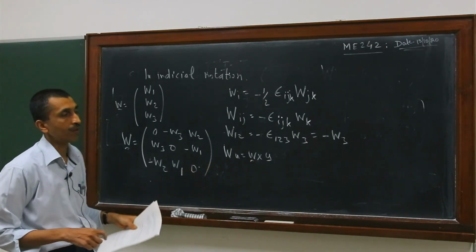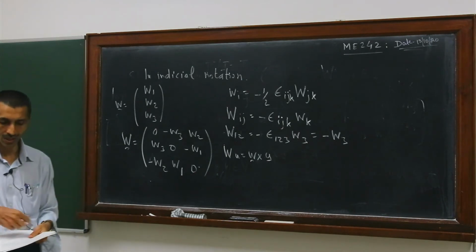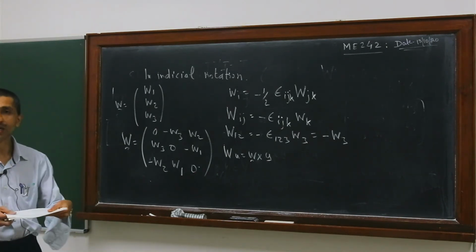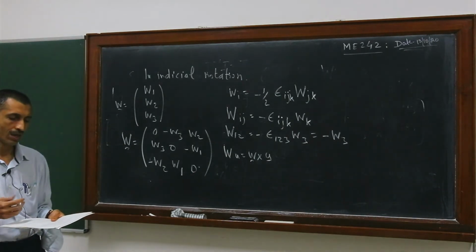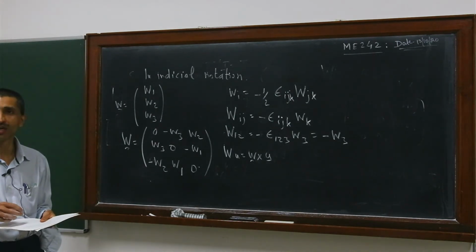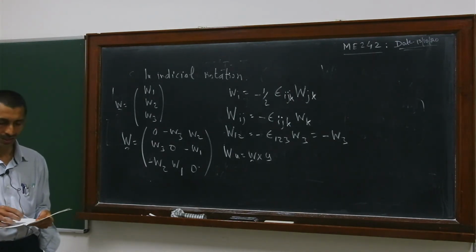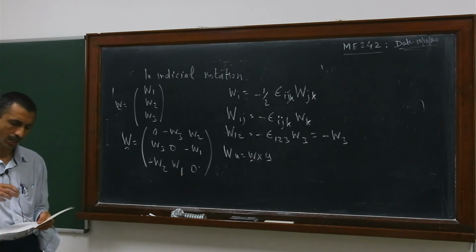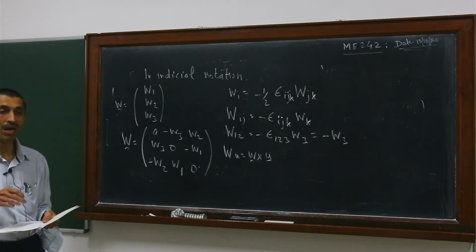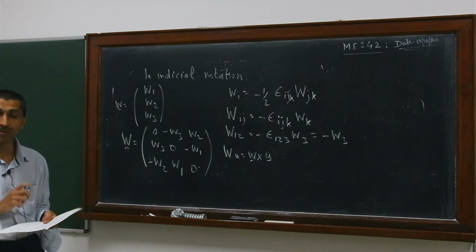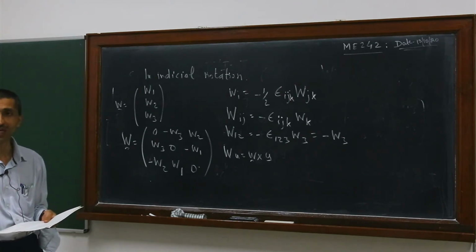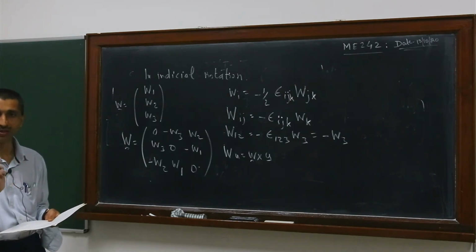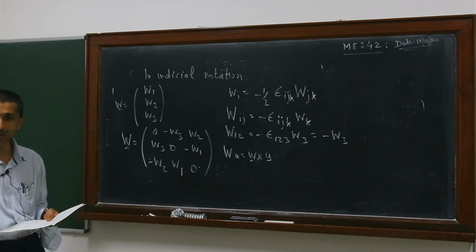Suppose the motion is planar, suppose there is a disk that is rotating in its own plane, then the angular velocity vector is fairly trivial, because that is just going to point out of the plane. But suppose you take a more complicated example, a spinning top which is spinning like this, so it is spinning about its own axis, and it is also spinning about one central line like this.